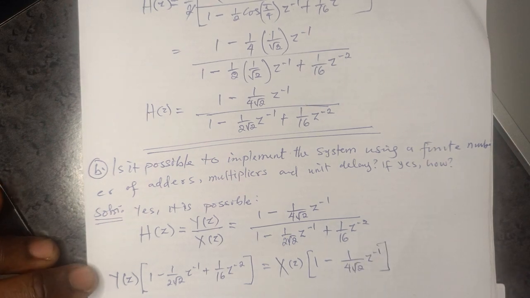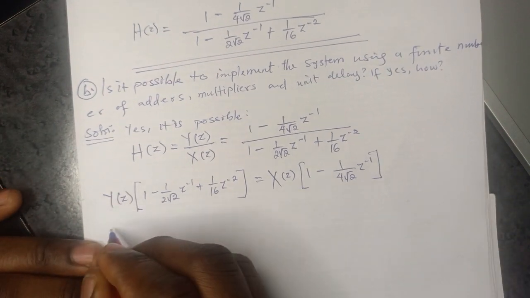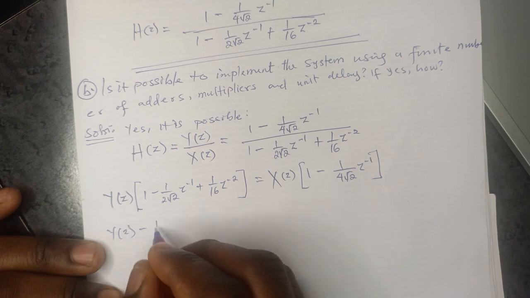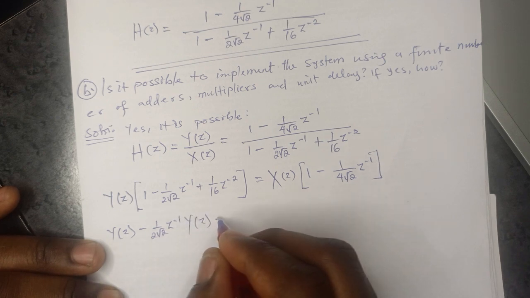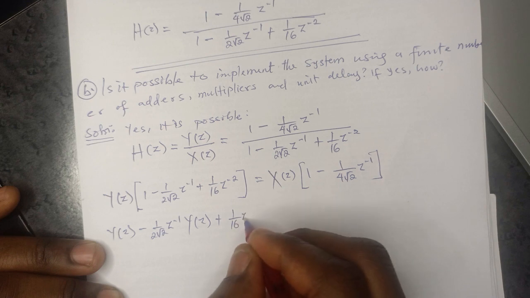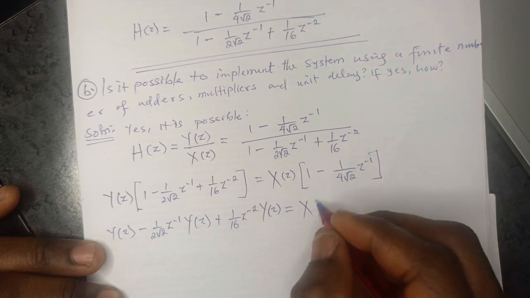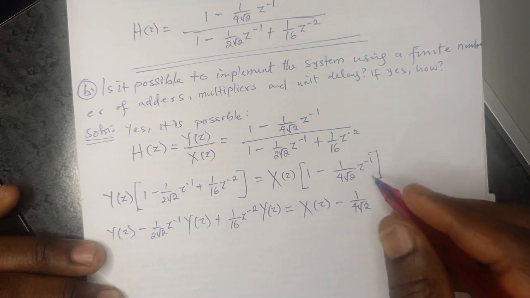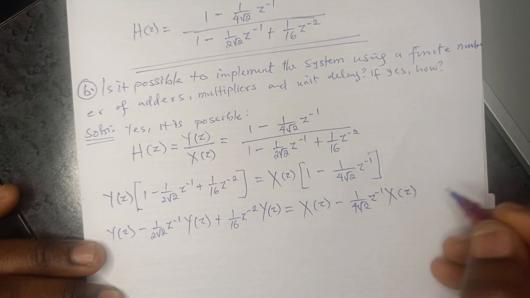All right, so now what we'll do at this point is to expand the brackets. Y of z minus 1 all over 2 root 2 z raised to the power minus 1 Y of z plus 1 all over 16 z raised to the power minus 2 Y of z, and this is going to be X of z minus 1 all over 4 root 2 z raised to the power minus 1 X of z.